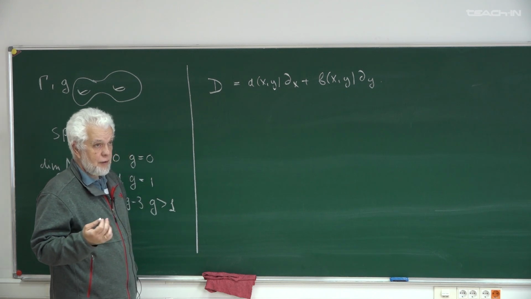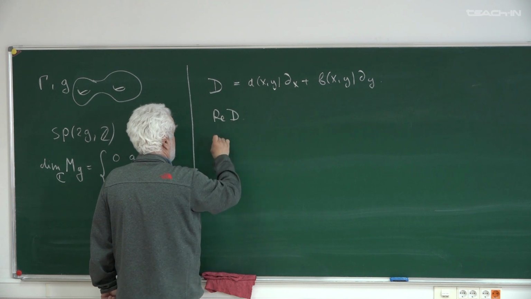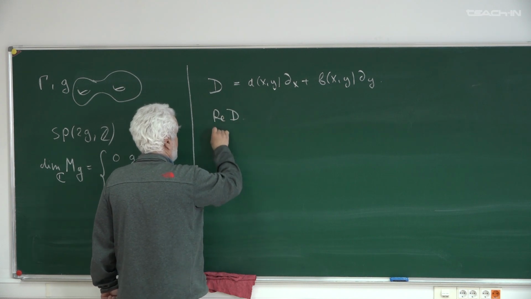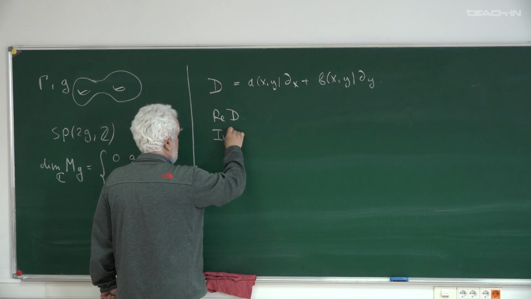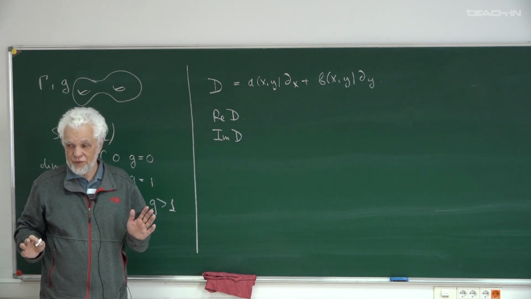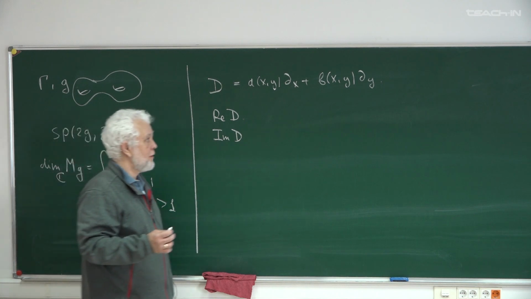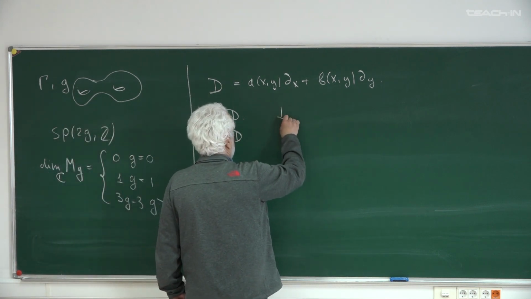Then we have the real and imaginary parts of D, a pair of vectors. Assume that they are linearly independent and positively oriented. Then you can introduce the following operator I.